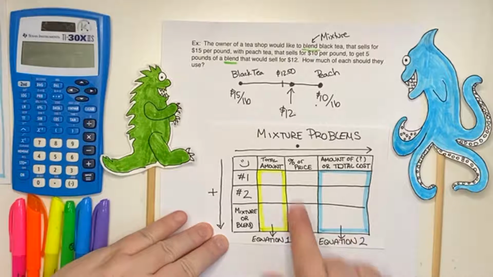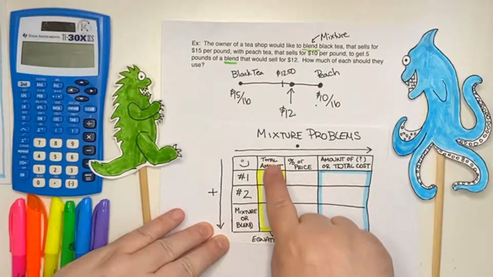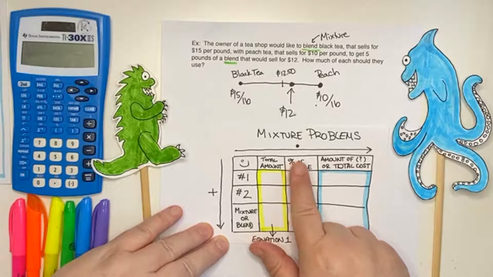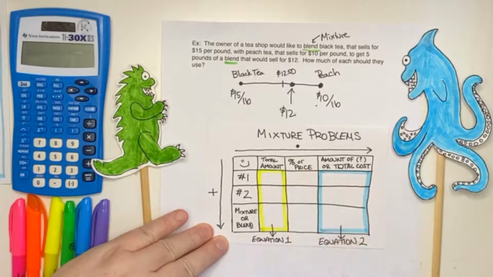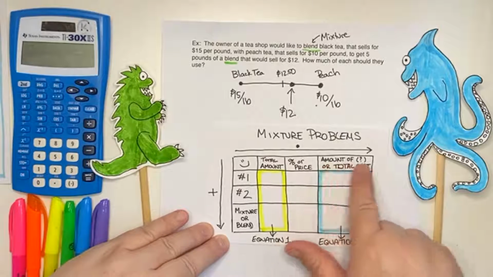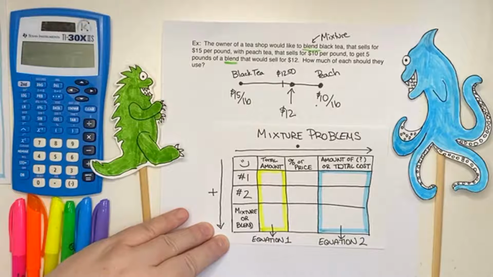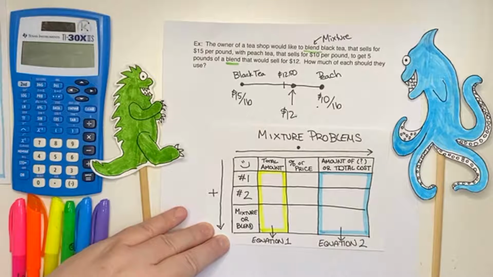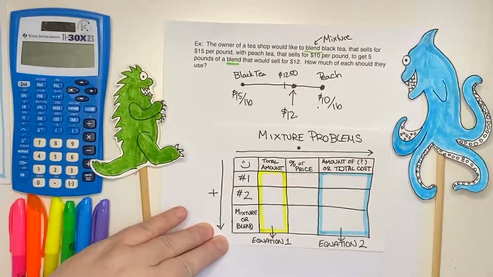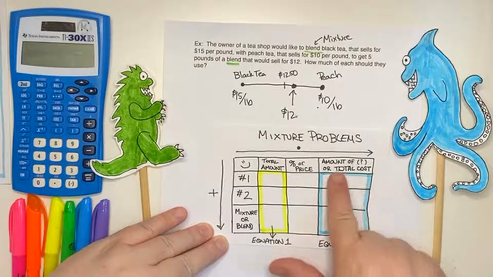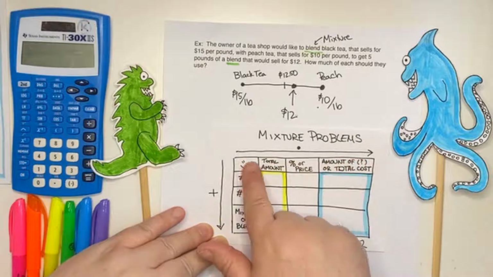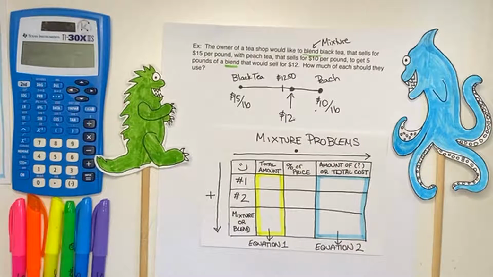You'll notice, like we did in the last problem, I've got the total amount. Here is going to be the percent from the last problem or the price. It really depends on what kind of a problem you're doing. And then the last one, and there are so many different types, I can't write exactly what it's going to be, but it'll be the amount of, like in the previous problem, amount of ammonia, or the total cost.